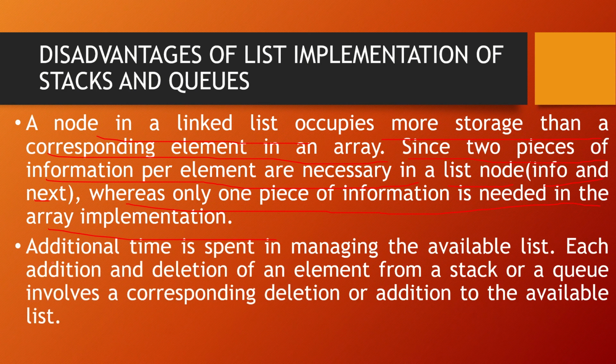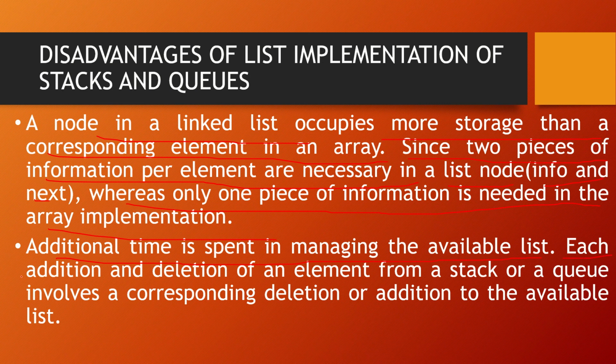Next disadvantage, additional time is spent in managing the available list. We have to spend more time to manage the available list because calling a function, either we call free or we call malloc, both take more time as compared to array implementation where we just copy the integer values. So additional time is spent in managing the available list.